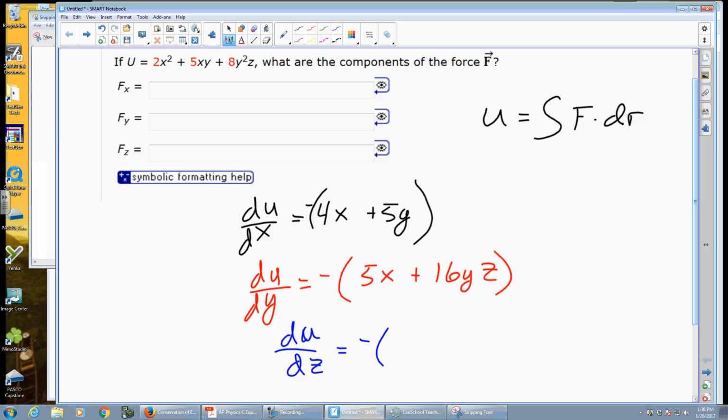Because what we're talking about is the change in the amount of work that would be done to store that potential energy.